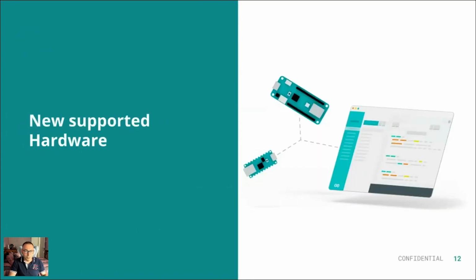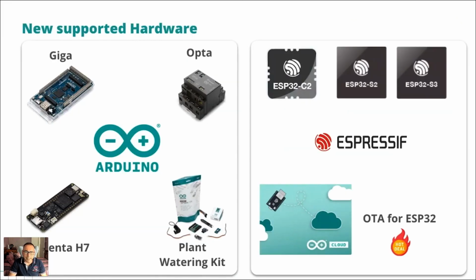The first thing that I want to speak about is the new supported hardware. Arduino is continuously releasing new boards and kits, and as soon as a new connected board is released, we include the IoT Cloud support. As an example, during the last months, we have added support for the Opta, Portenta H7, Giga, or the recent plant watering kit.